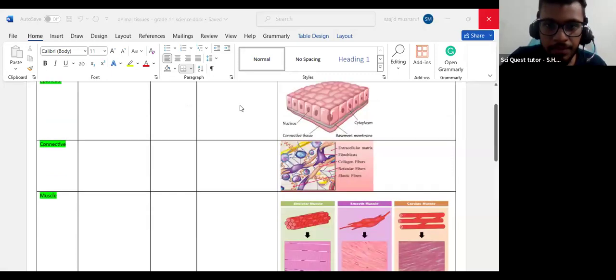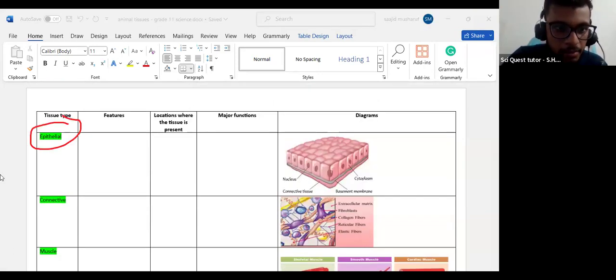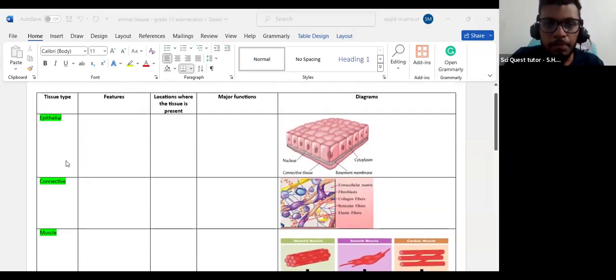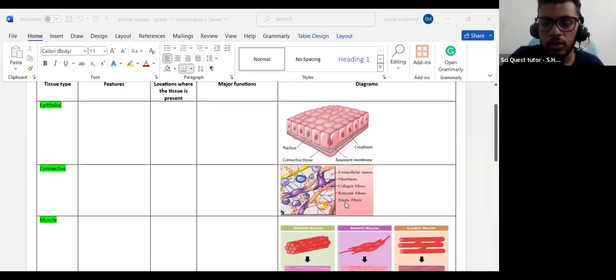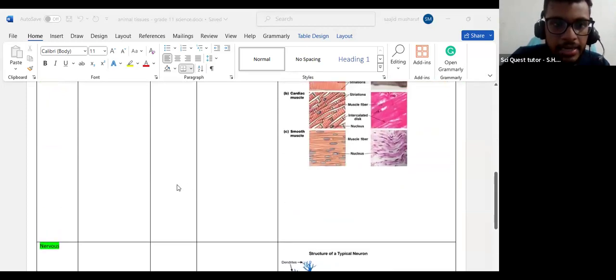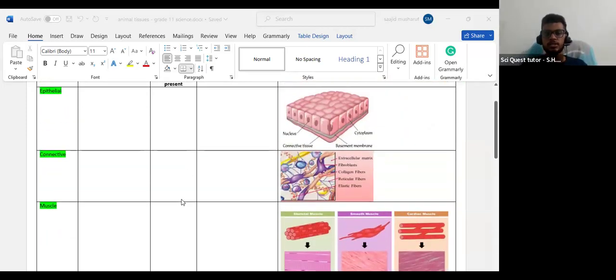Right, you can see here, this is one of our Sci Quest Academy prepared summary tables. Actually, to be honest, it's my table. I created this, so this is a very simple table. You can see this is the grade 11 part. We include the pictures and give the layout like this, and tell the students to complete them.